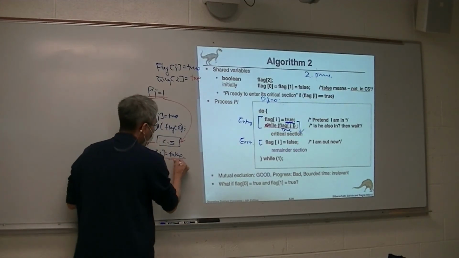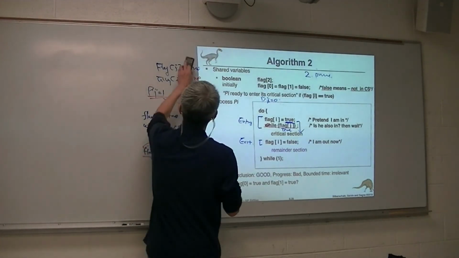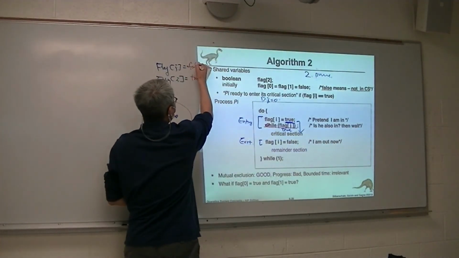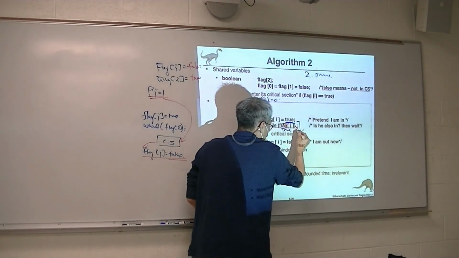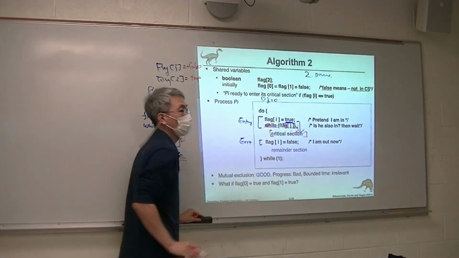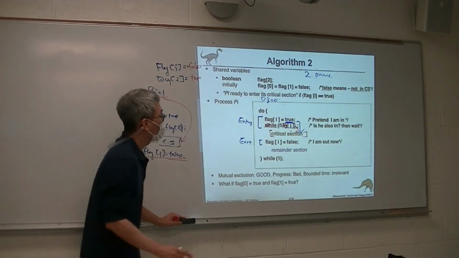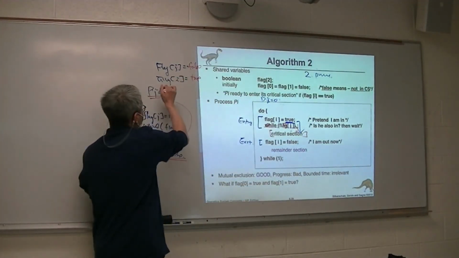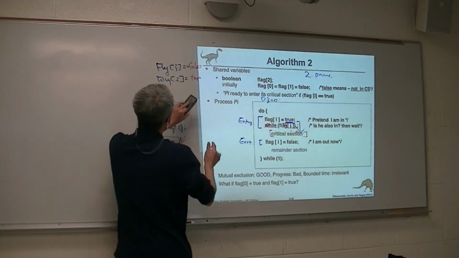So you can change the flag J to false. The false means you can exit the while loop and finally enter the critical section. Then this time, if process J would like to enter the critical section, its flag will be true.